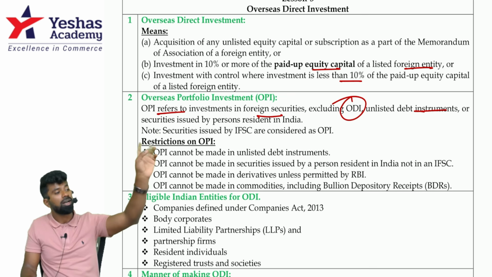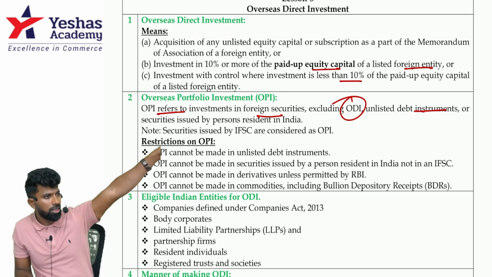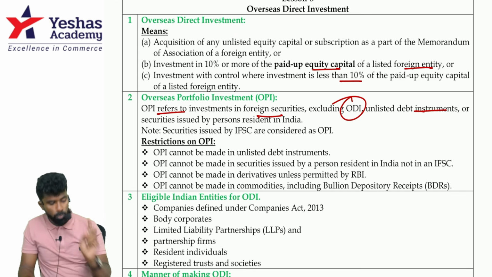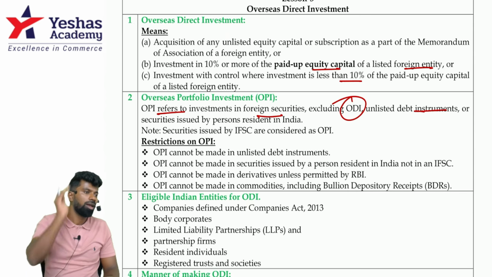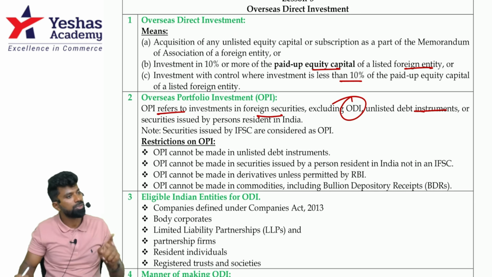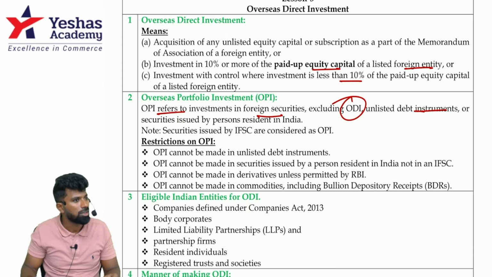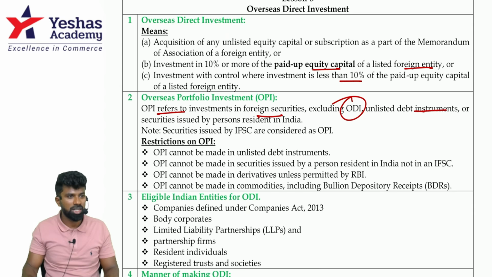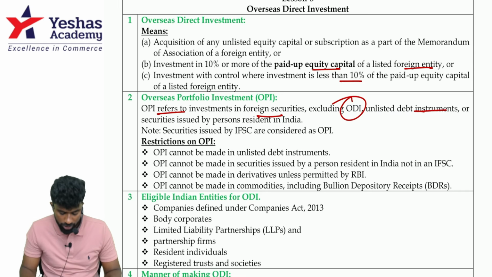But if it is other securities by a foreign entity, it is OPI. Less than 10% of listed companies, OPI. 10% or more, ODI. Subscription to memorandum of association, ODI, irrespective of the amount of contribution.